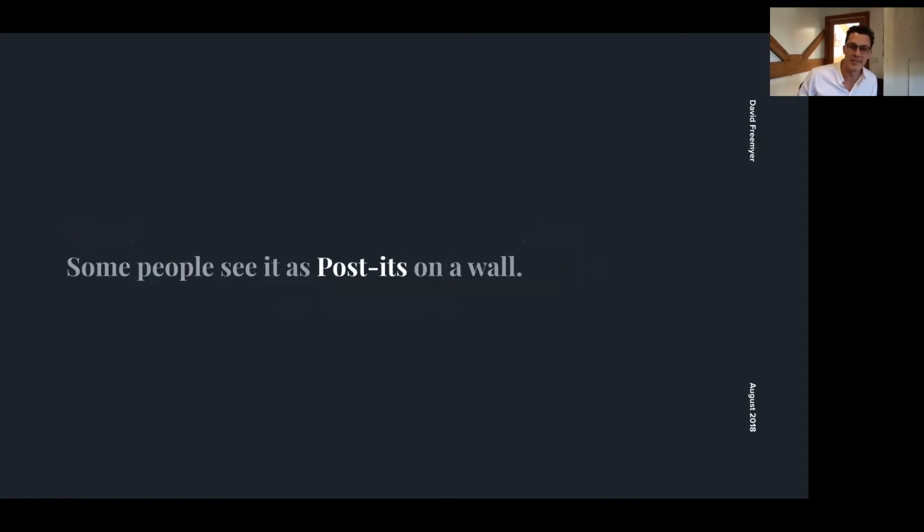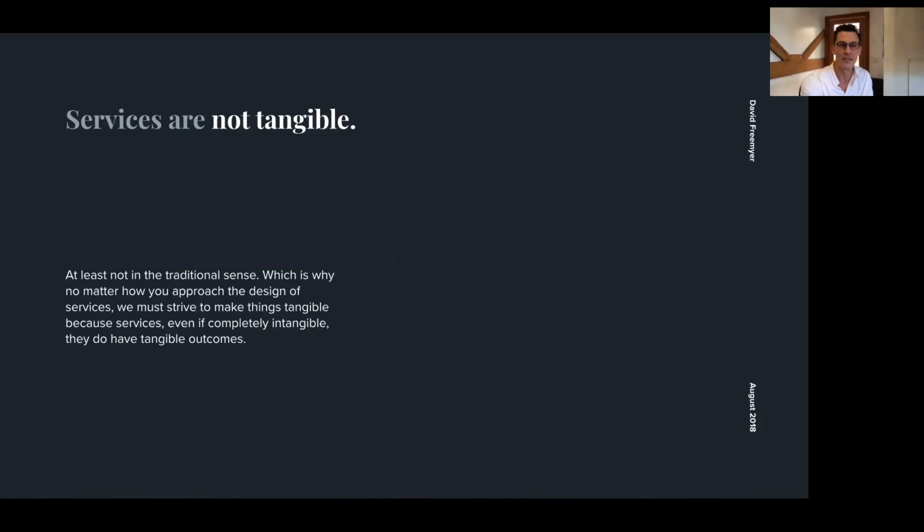Sometimes it can just be seen as Post-its on a wall, the design thinking pictures that you see all across the internet. I think the important thing is not how you define it or what your take is on the approach, but that no matter how you approach it, you're taking intangible things and designing them, because every service has a tangible outcome.